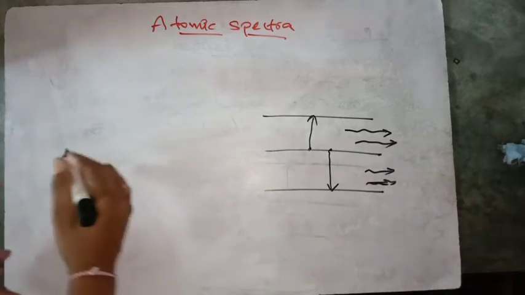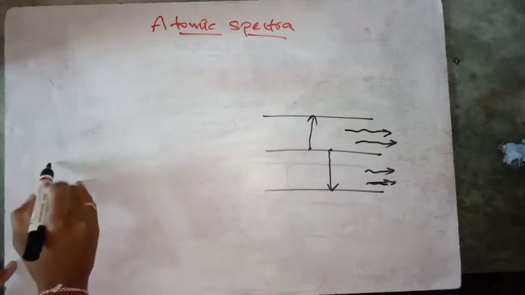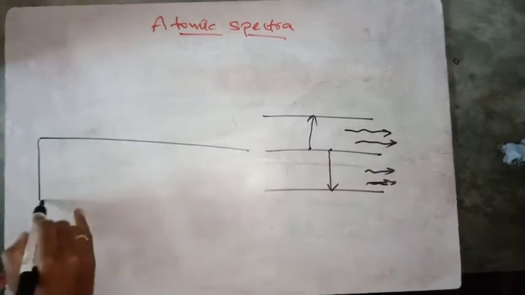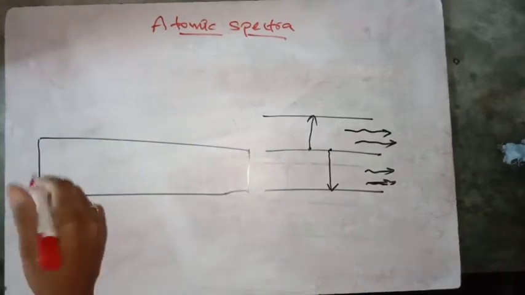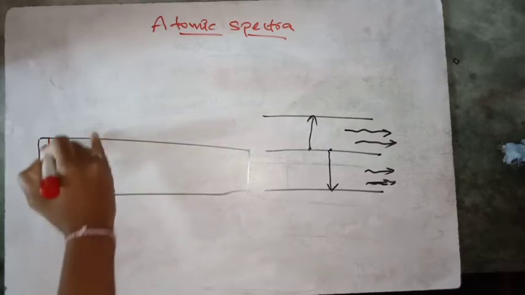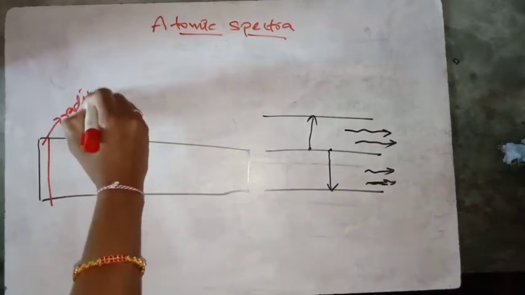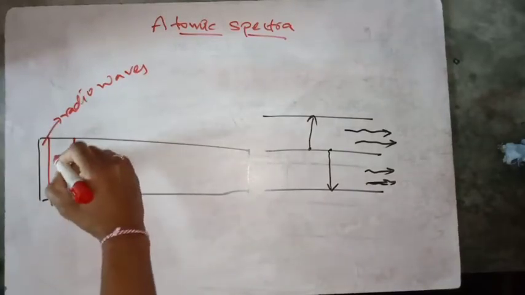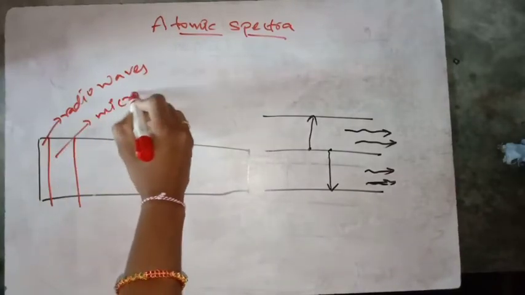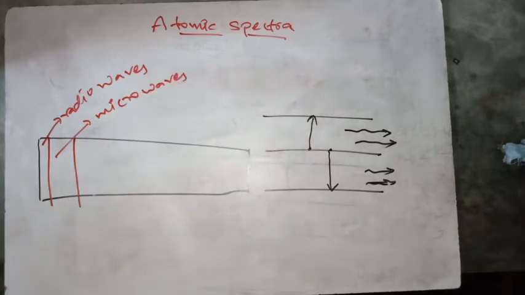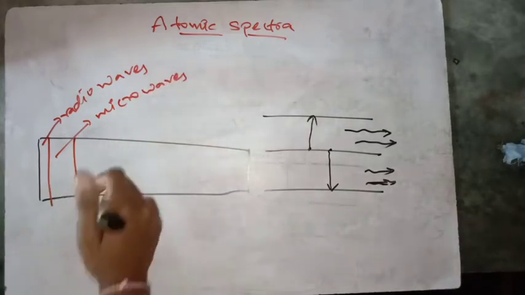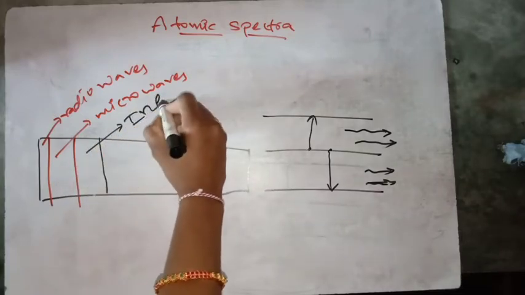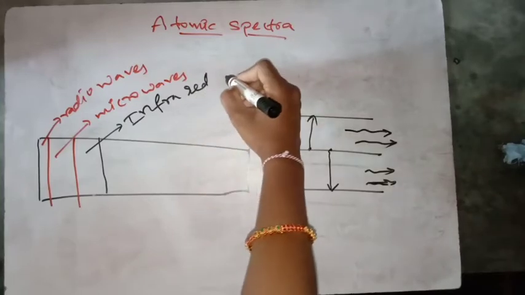What is electromagnetic radiation? Electromagnetic radiation consists of radio waves, microwaves, and IR, that is infrared region.